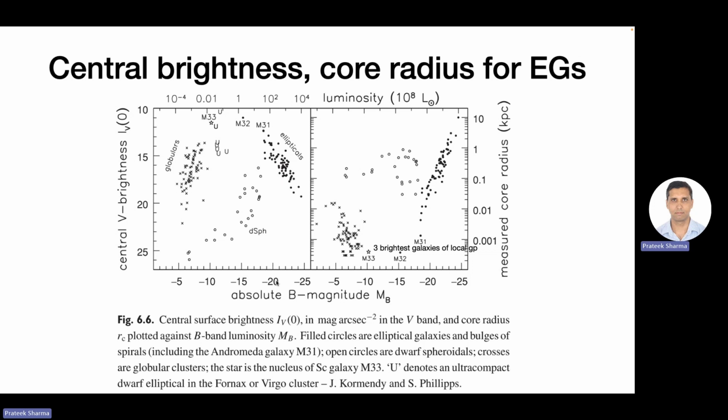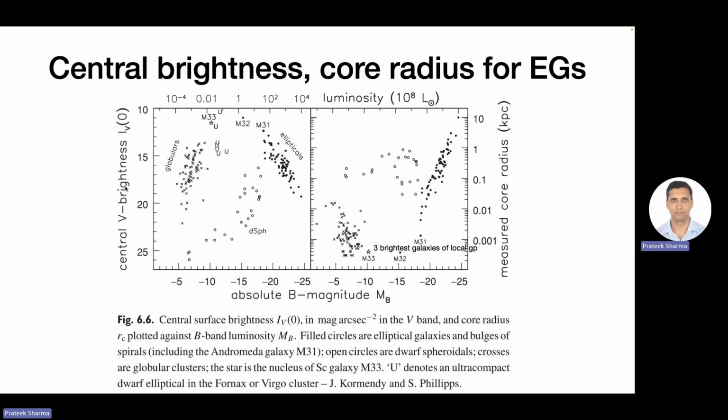It's minus 2.5 log luminosity. So they are extremely dim compared to the elliptical galaxies. That's why globulars are different things, although they have the same core surface brightness value. They are different systems. So you can actually see the aggregation of these different objects in different places of this phase space.